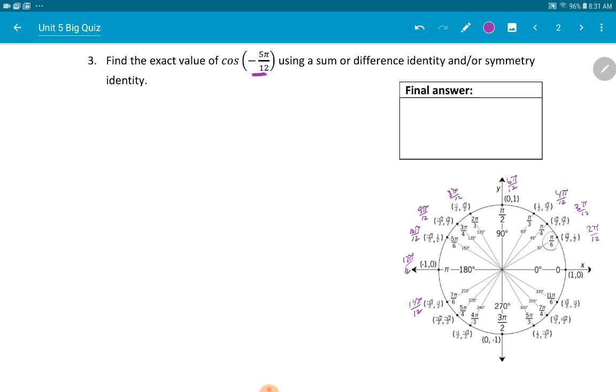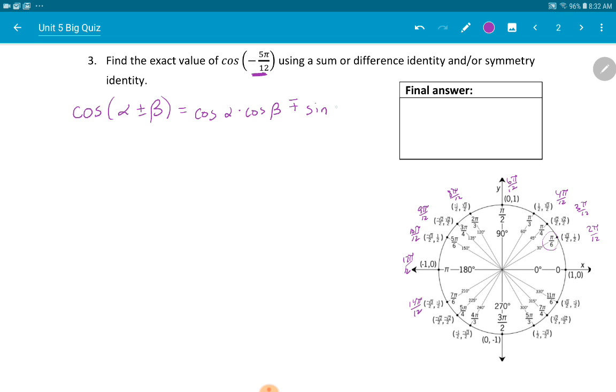So maybe our alpha and beta equal that. I'll just remind you of that formula before we go on. What we're looking for is using this formula, alpha plus or minus beta, and the sum identity is cosine of alpha times cosine of beta, change the sign, and keep the function.